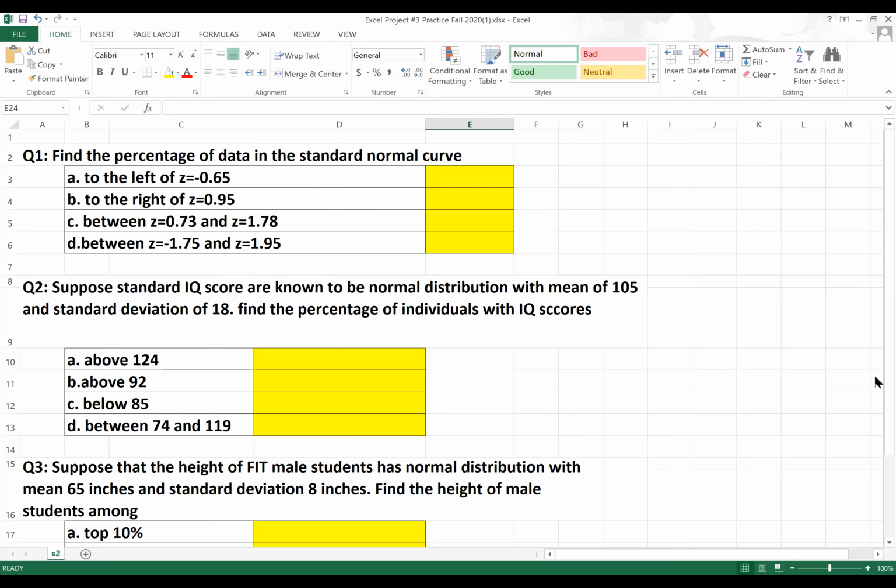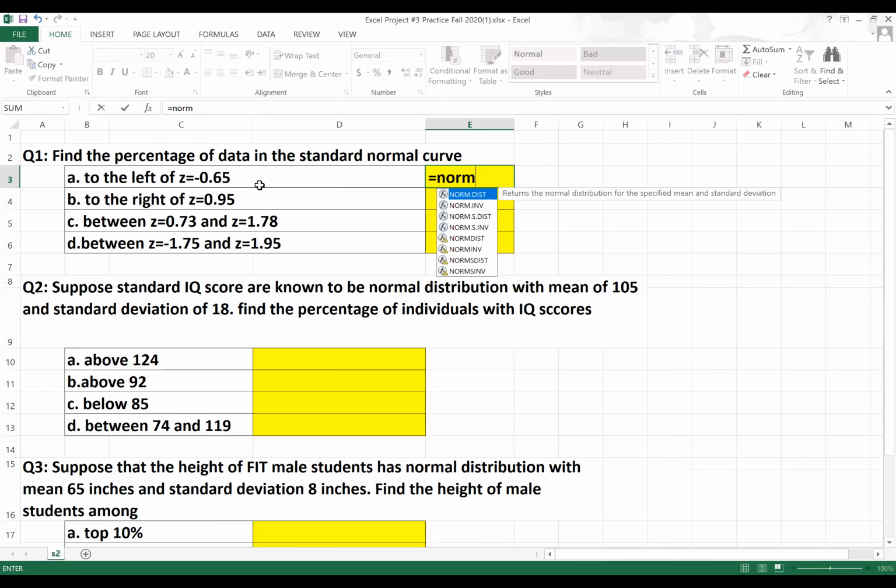So now this question is basically telling us to find the percentage of data in the standard normal curve. You want to find the probability to the left of a z-score equal to negative 0.65. So to the left, right? The z-score is already given, so we're using the standard normal distribution.